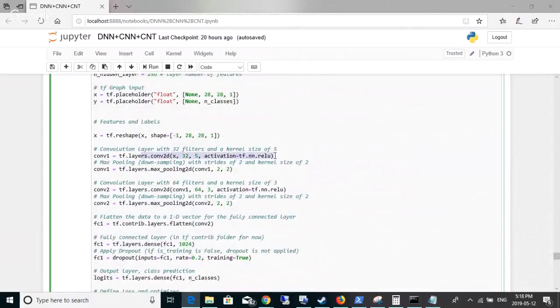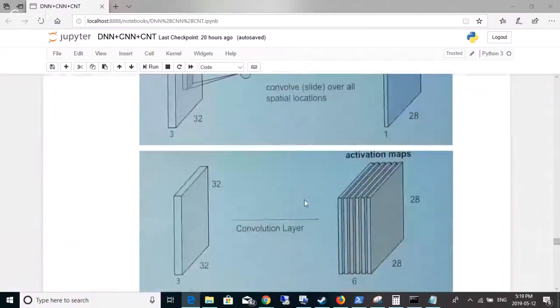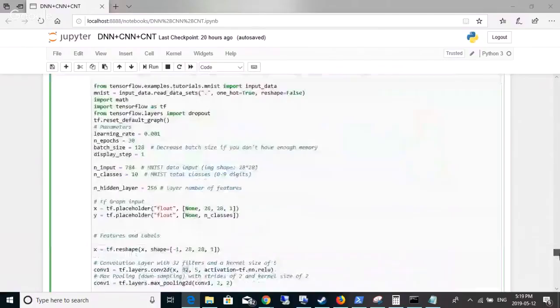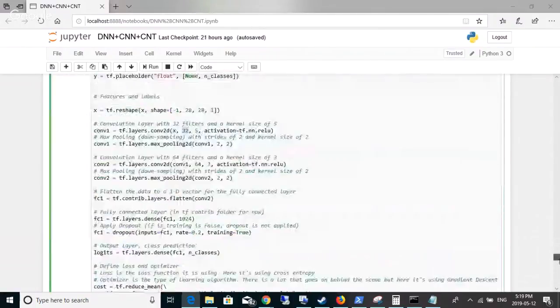I've actually taken this from somewhere on the web, just for convenience. You can see this is a convolution 2D layer, max pooling, another convolution, max pooling. So this is a lot of filters being applied. This is 32 filters, and then 64, and this is followed by a flatten.